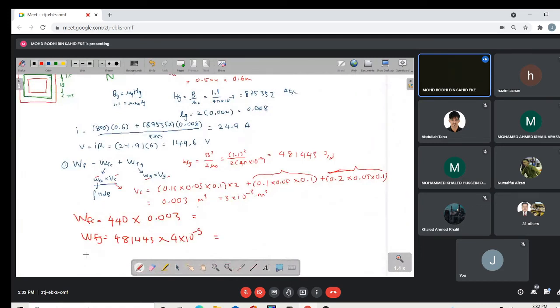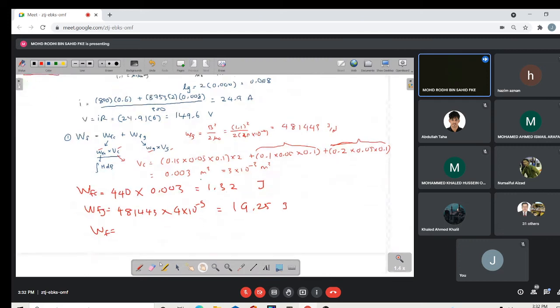And finally, we just add up these two. So what is 440 times 0.003? 1.32. And this one? Yes, this one 19.25. Very good. So this is joule, this is joule.